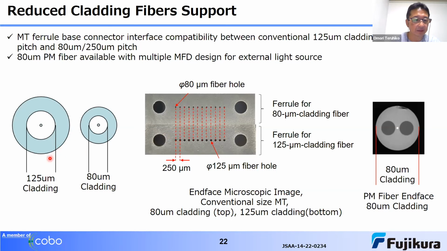For example, this is 125 micron cladding fiber and 80 micron cladding fiber. The upper figure shows 80 micron cladding fiber and the lower figure shows 125 micron cladding fiber. Actually, the pitch is 250 micron, and these are intermateable with each other.